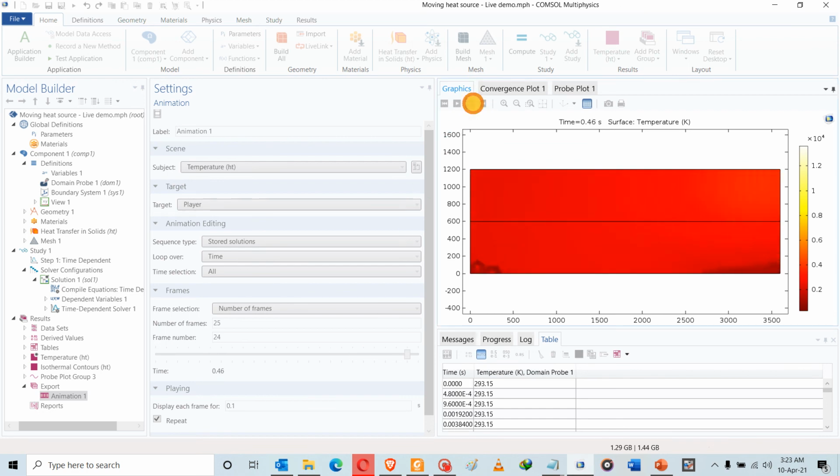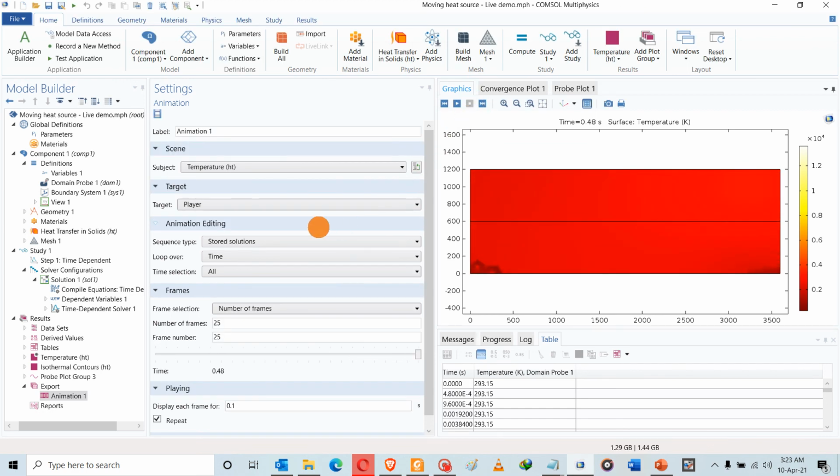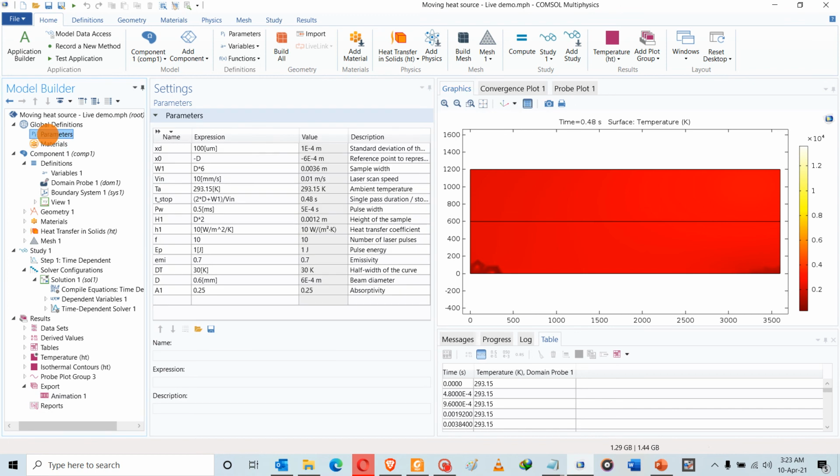Pause. So now, just to recap, to model a continuous laser heat source, we first inserted the laser parameters, which were the standard deviation of a laser beam, the starting point of a laser heat source, the dimensions of the sample, the speed of a laser heat source, and the ambient temperature.